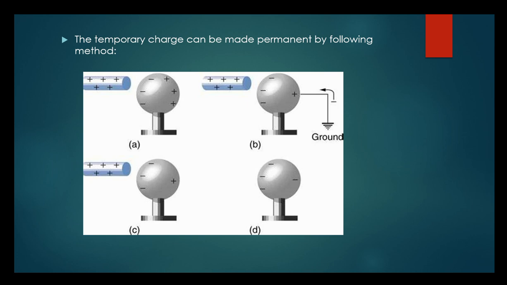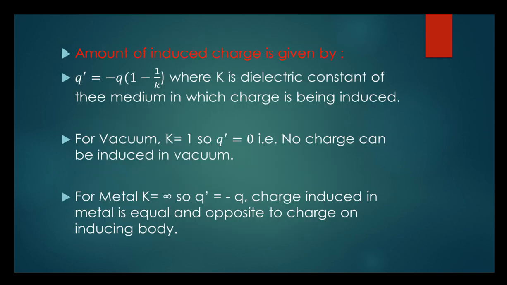As a result, we can see in part C of the figure that the sphere has fewer positive charges and more negative charges. Now if we remove the rod, still the sphere will have more negative charges and hence this type of charge has become permanent.